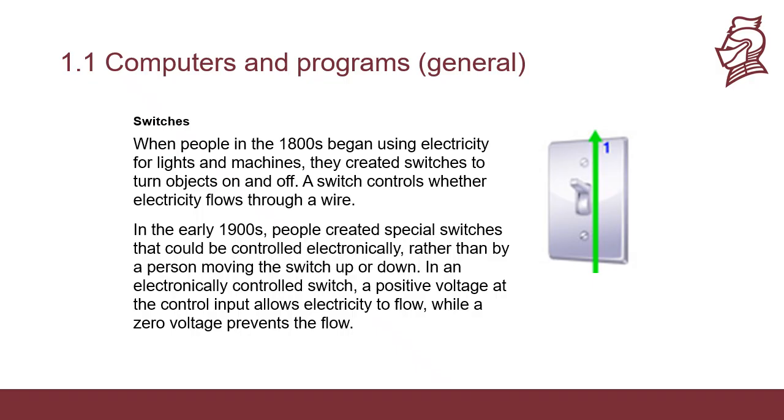In the 1900s, people started creating switches that can be controlled electronically. You have a wire coming in, and if there's power on that wire, that lets power flow through two other wires. It allows a circuit to be completed, okay? And that's how transistors work, and so on.